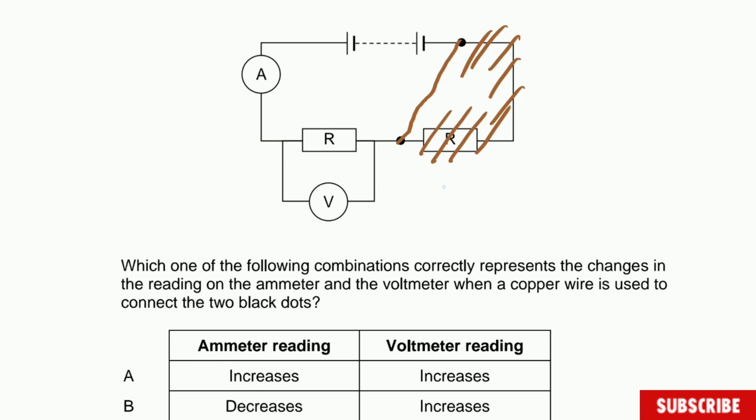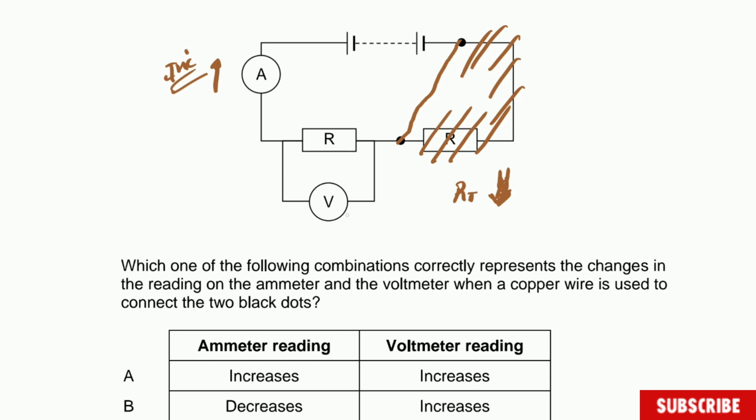Alright, therefore the total resistance of the circuit is going to be less, because now you have 1 resistance less connected in series. It's going to decrease. That is what is happening to the total resistance of the circuit. If the total resistance of the circuit decreases, it means that the current must increase.